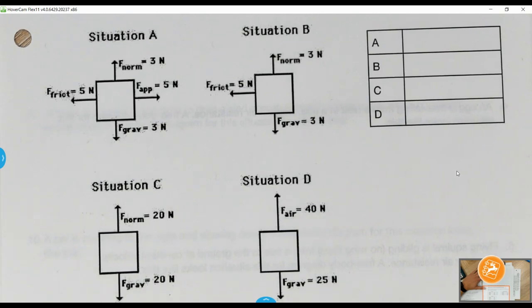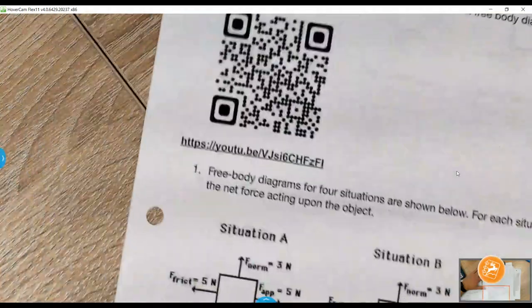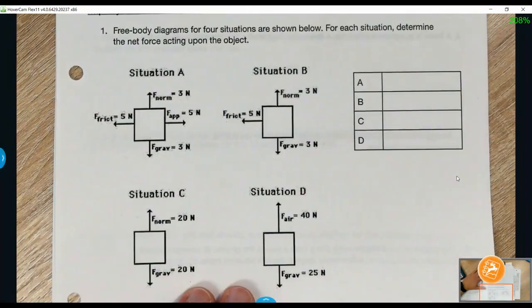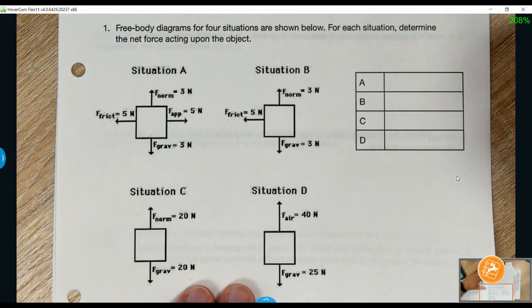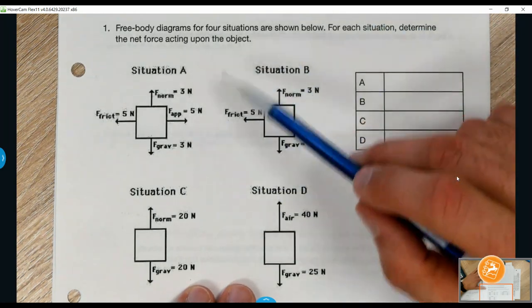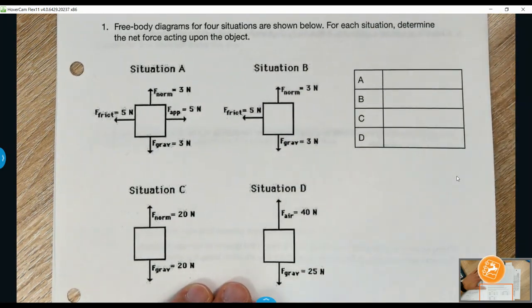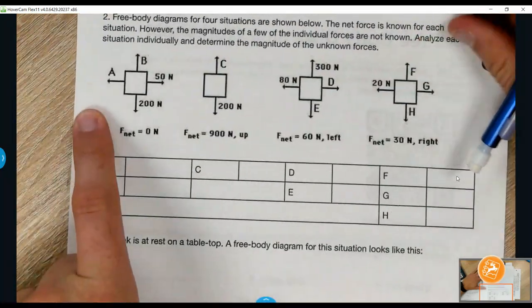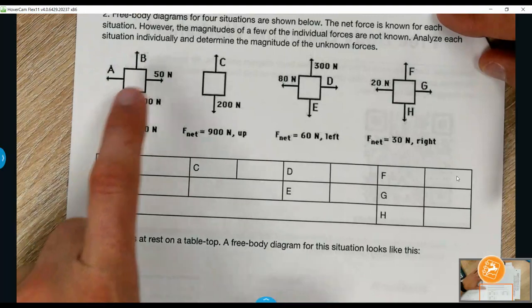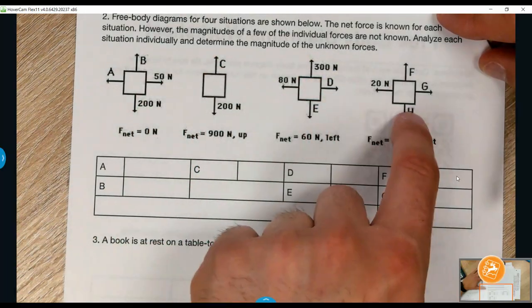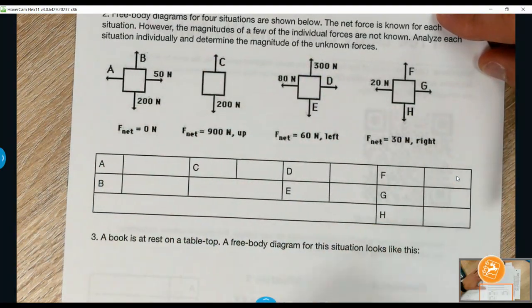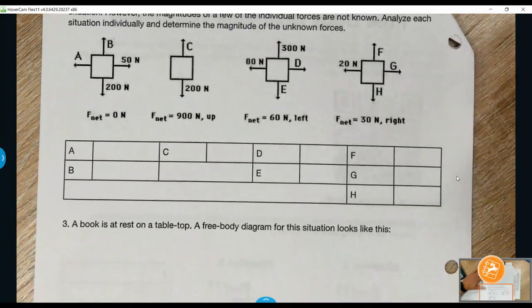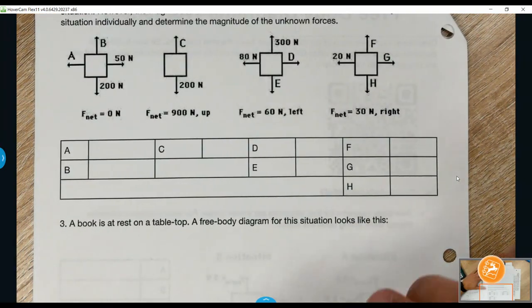Just make sure it comes back, not folded. It's going to tell you to determine what the net force is on these. So you break it down to net force. Number 2, you had to determine what each value had to be in order to make the net force true, which was basically what you did for homework, and we had an example like that in our notes.